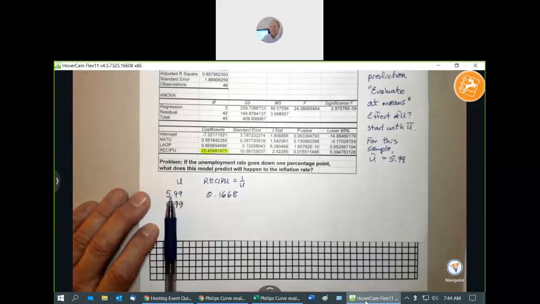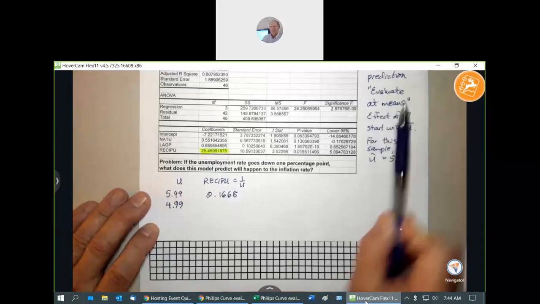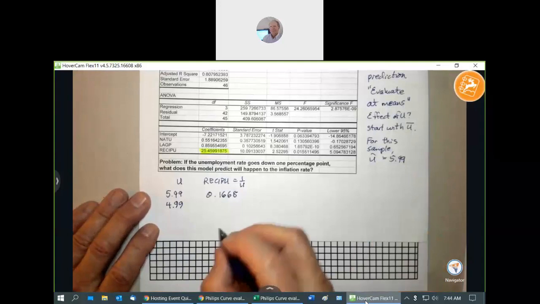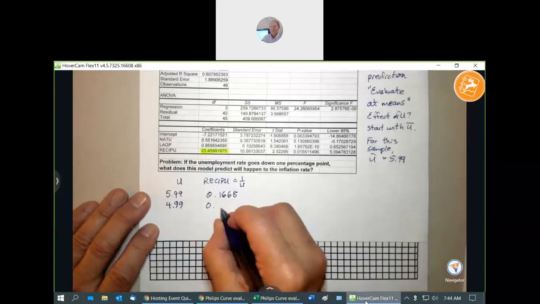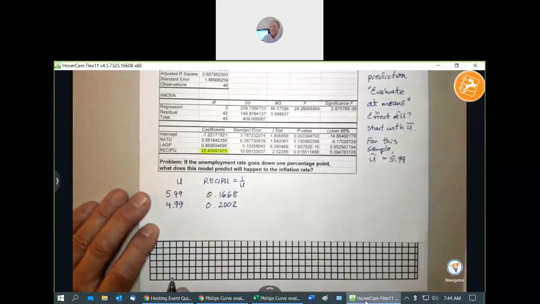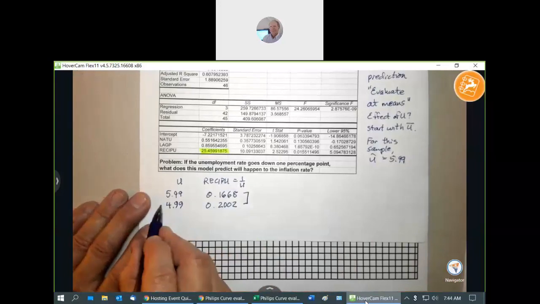We're going to say, what happens if the unemployment rate goes down 1 percentage point? Well, starting at the mean, which is our reference point when we evaluate at means, that would mean going down to 4.99% unemployment, and then recip U becomes 0.2002. See, this is just math. And so when we do just a little subtraction, how big a gap is it? Well, here the gap is easy to see.